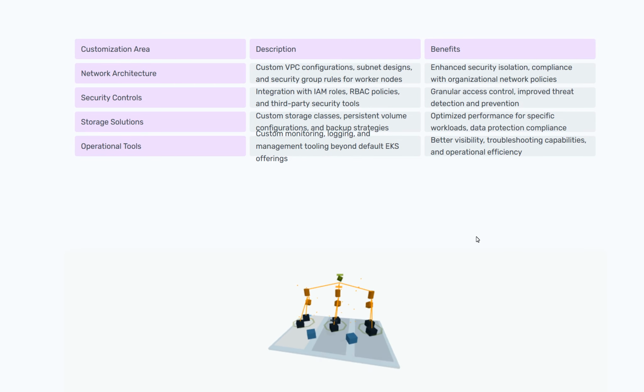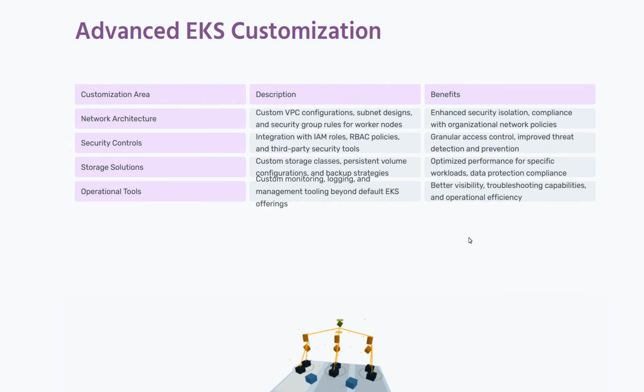Alright, before we end this video, we're going to discuss advanced EKS customization. The areas you can customize are network architecture, security controls, storage solutions, and operational tools.